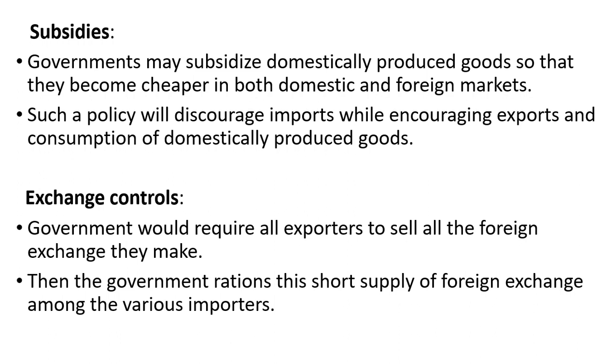So how much you can import will be limited to how much a country has also exported. So this is to ensure that we don't import more than we export. So if export is 10 billion, import cannot be more than 10 billion. At worst, you can only import up to how much you have exported. And that is exchange control.